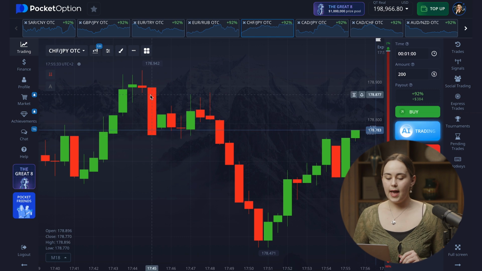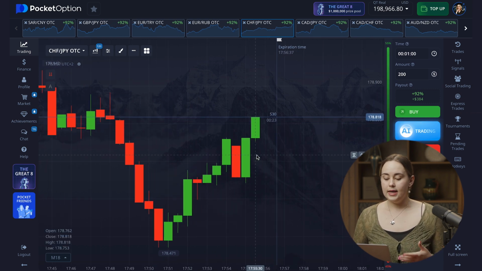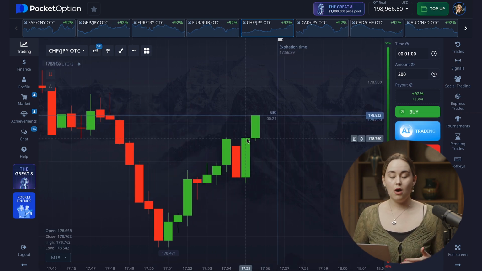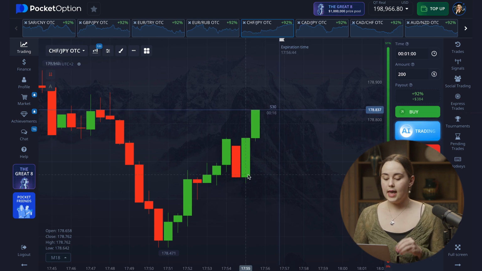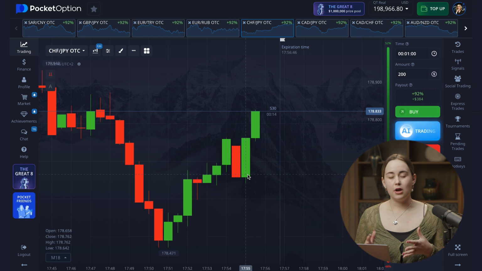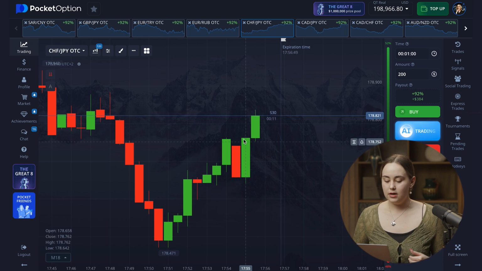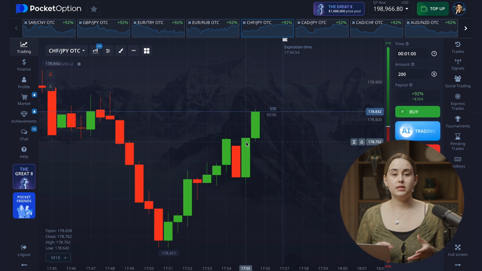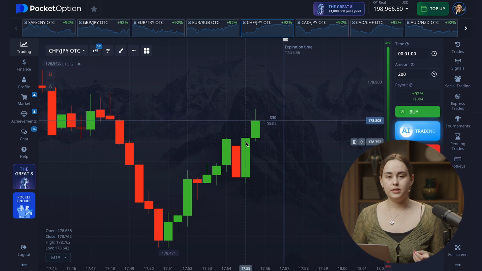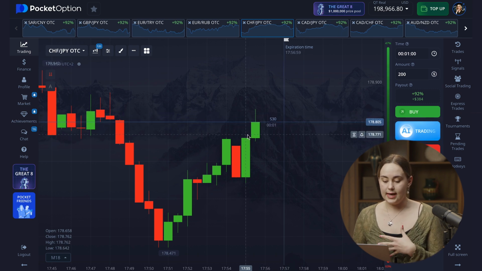So every candle has some parts, and the main part is the body of a candle. It can be really long, and it means that the trend is really confident. So for example, right here, this candle is really long, and usually it means a confident uptrend in this case.